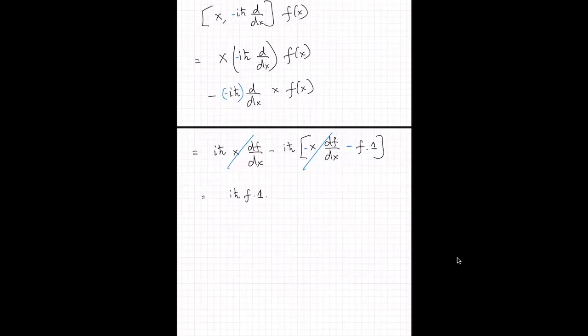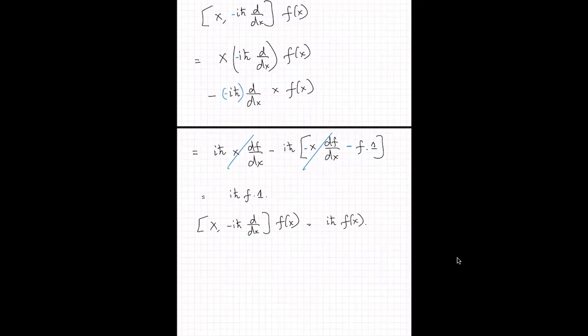This commutator is basically now, use the right color. x comma minus iħ d/dx acting on the test function f of x equals iħ times the test function f of x, which means this combination of operators acting on a test function simply gives me iħ times the test function.